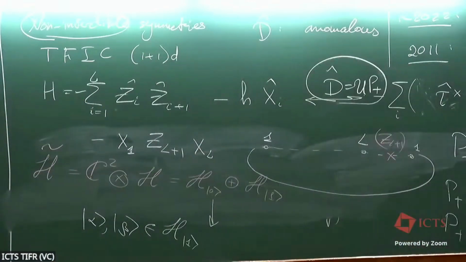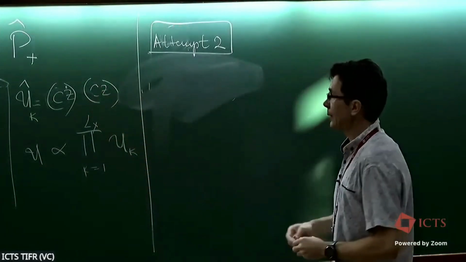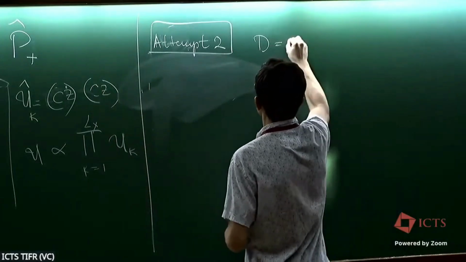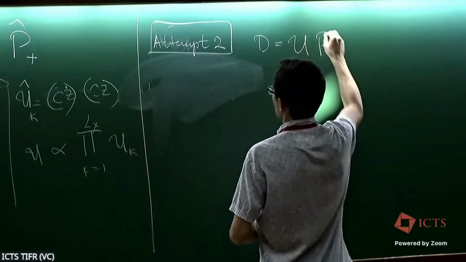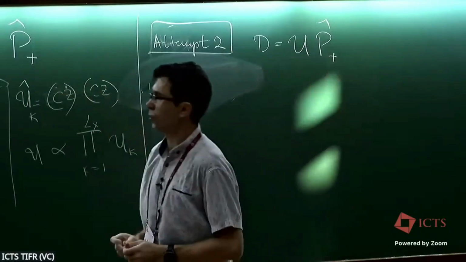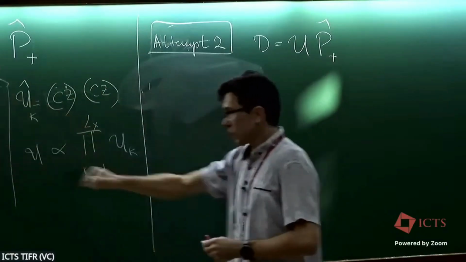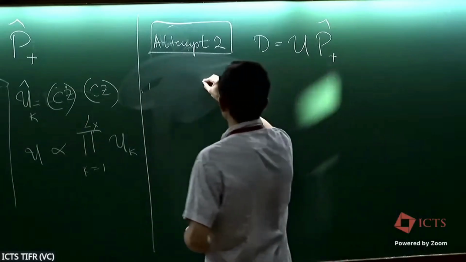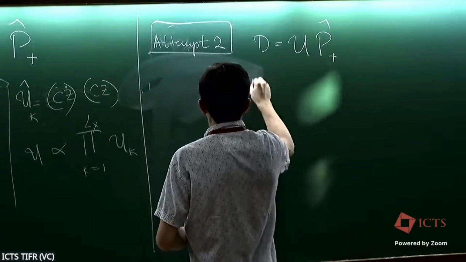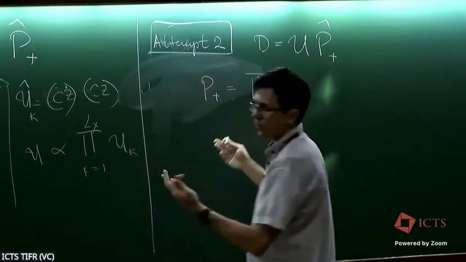Okay? So my watch says that I have 8 minutes to wrap this up. So as I said, that's fine. So the attempt number 2 essentially mimics what I've done here. And so the idea is that now it's the same unitary, but now this operator P plus that I've declared over there no longer does what's written over there, but instead this P plus contains the product over the ancillas.